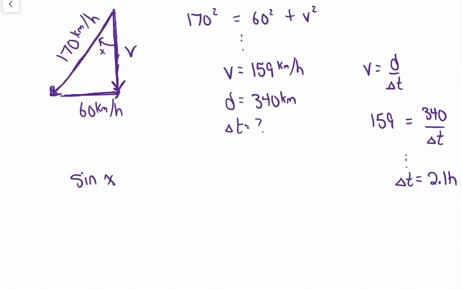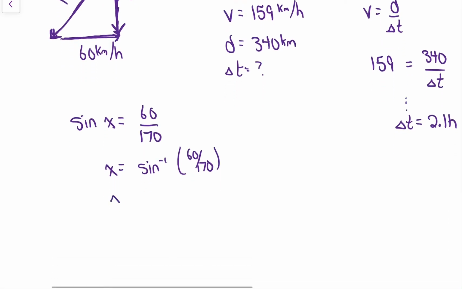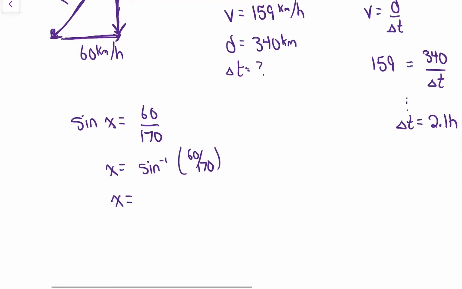The sine of that unknown angle is 60 over 170. Depending how you work your calculator, x is sine to the minus 1 of 60 over 170. When I did this on my calculator, I got, within rounding, 21 degrees.